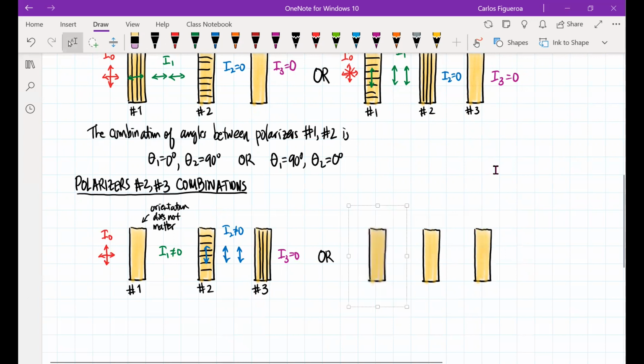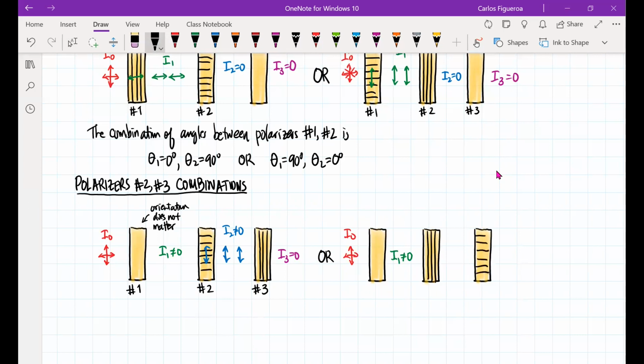And what we're seeing here is this. I have unpolarized light. Because the orientation doesn't matter, all I know is I'm going to get some light that's going to come through. Now, to guarantee 180, instead of a horizontal polarizer, I want a vertical polarizer here. And then the third polarizer, I'm going to make a horizontal polarizer.